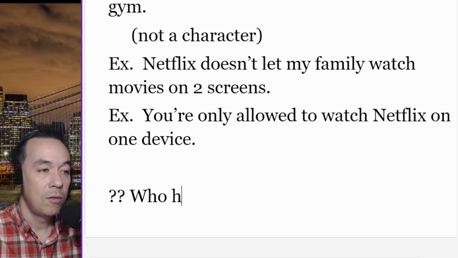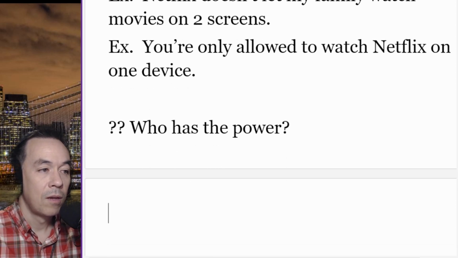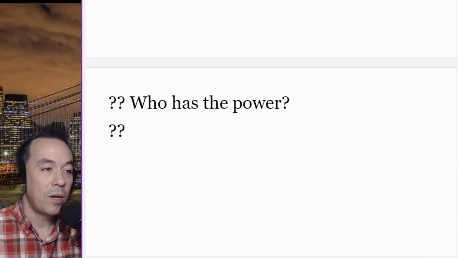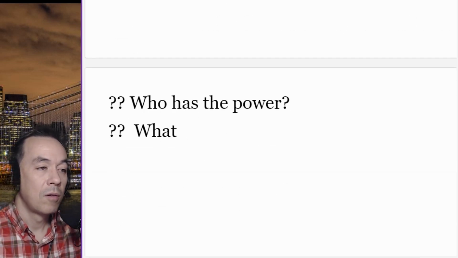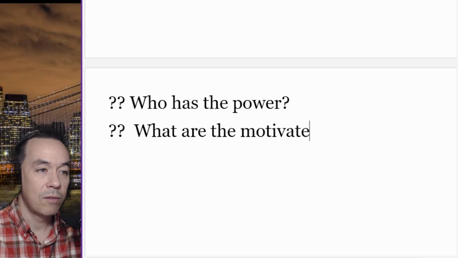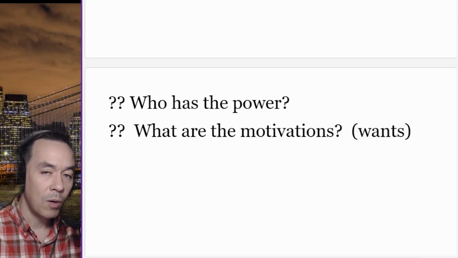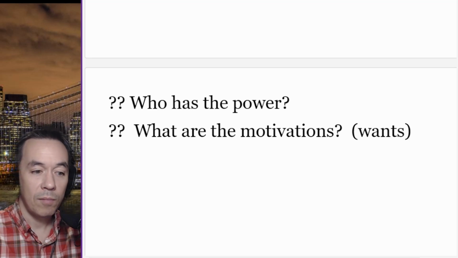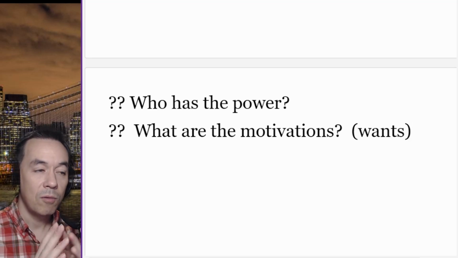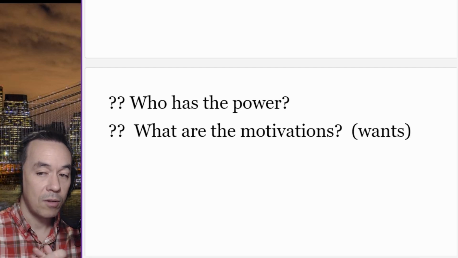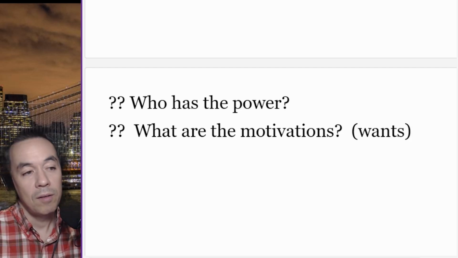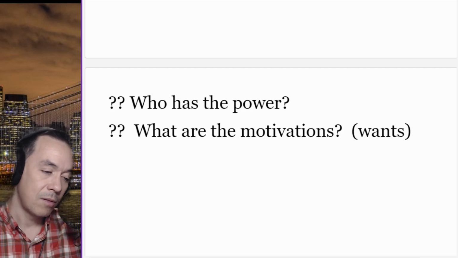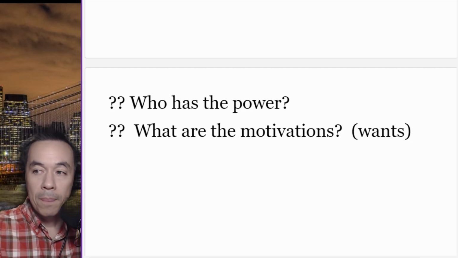Who has the power, and what are the motivations, the wants? Who wants it? And that will help to decide, is it make or let, or doesn't make or doesn't let? And then allow is something we often use too.